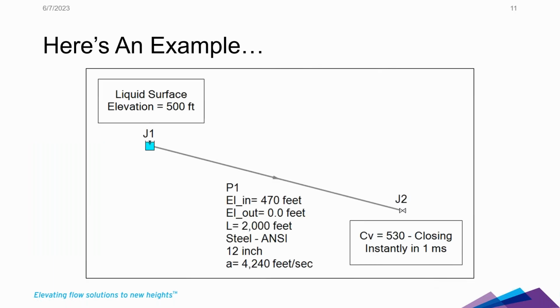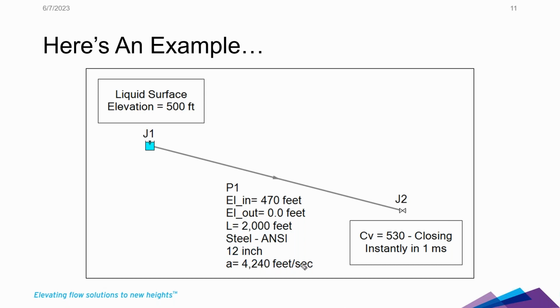So here's an example, and I'm going to go over this example in a little bit in Impulse itself. We have a very simple pipeline, and the pipeline is 2,000 feet long. For me to actually get both warning messages, a critical warning versus a regular warning, usually I demonstrate this example with 20-inch diameter pipe instead of 12-inch.